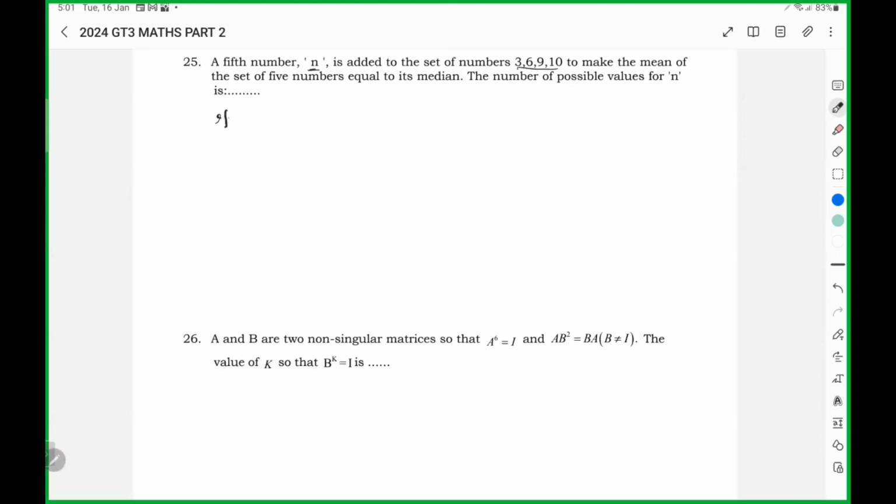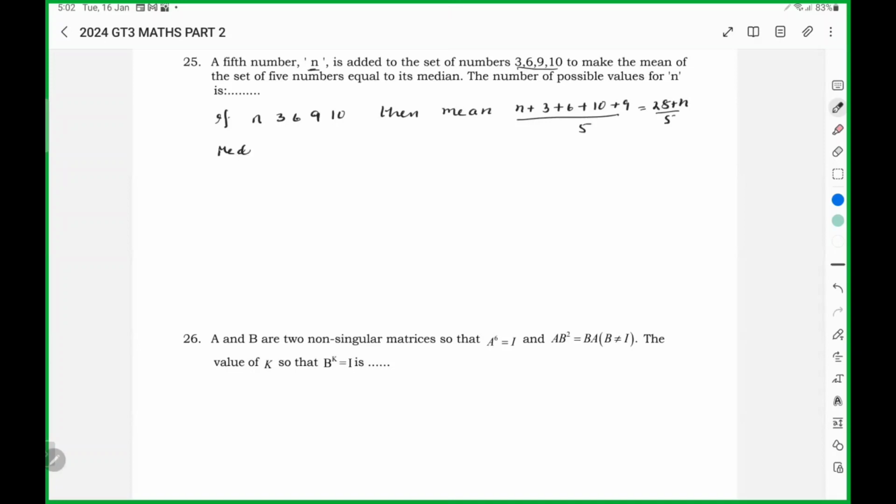Suppose n is placed in the first position, then mean is the sum of all the numbers by the number of numbers. So that is 19, 25 plus 3, 28 plus n. Wherever you put n, whether first or second or third, any place, the mean will not change.